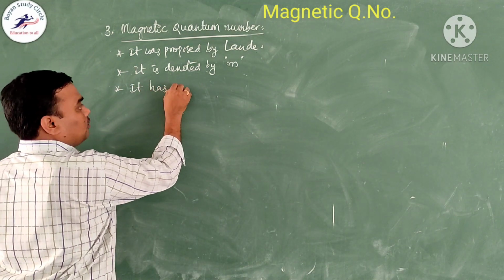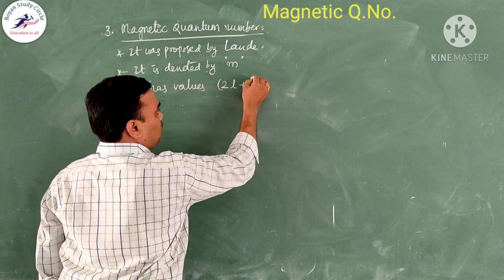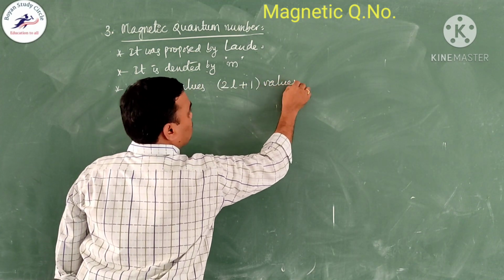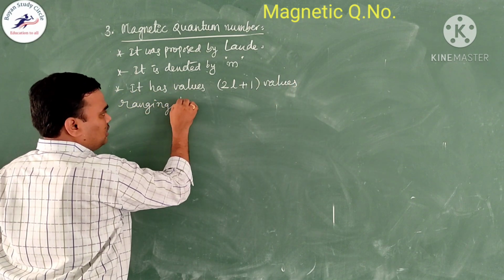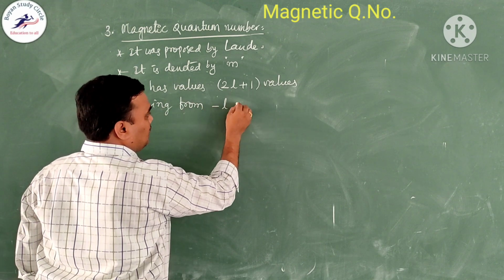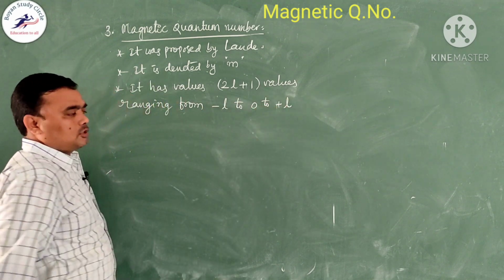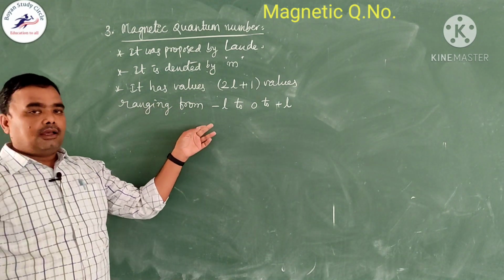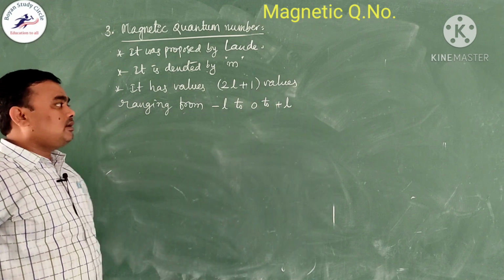It has 2L plus 1 values ranging from minus L to 0 to plus L. So it starts with minus L and goes through 0 and then up to plus L, right?